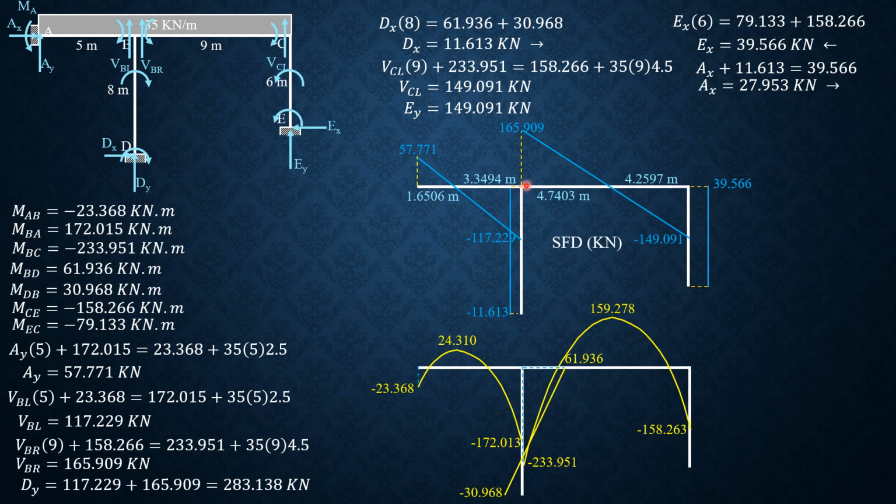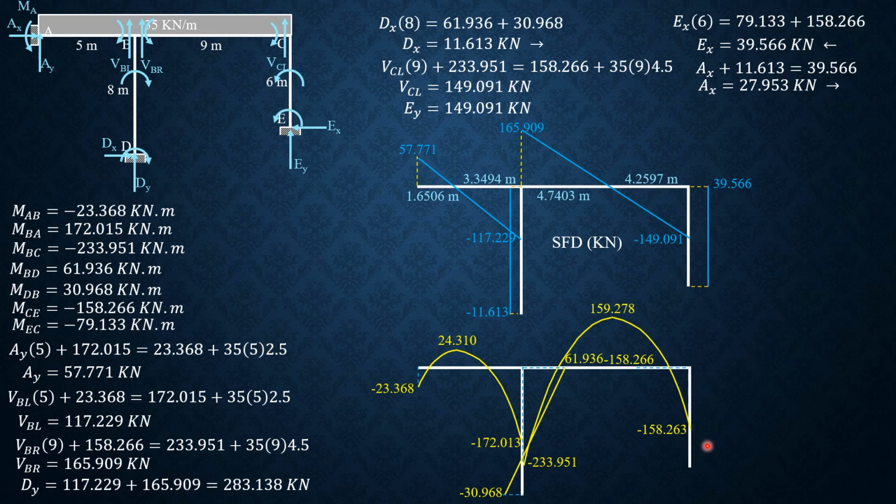Then minus this area here, which is 11.613 times 8. And we have a straight line, positive 61.936 minus the area 11.613 times 8, and you will have negative 30.968. Then it closes, moment DB 30.968.